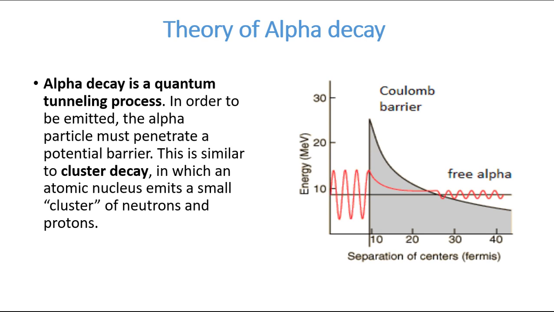So if the particle has energy less than the Coulomb barrier, we still have alpha decay. This is similar to cluster decay, in which an atomic nucleus emits a small cluster of neutrons and protons. The details and calculation will be done in the coming lectures.